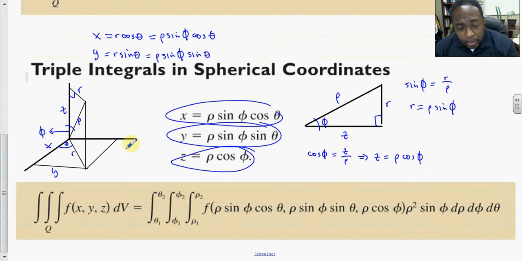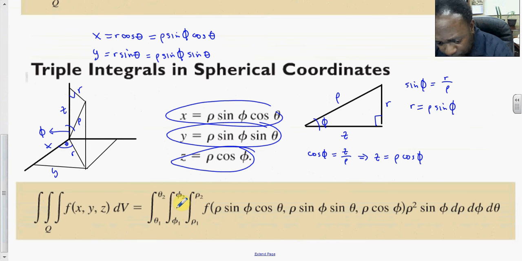And so to build the triple integral in spherical coordinates, we have a triple integral over the solid Q of the function to evaluate with respect to the change in the volume. And so here we have three integrals. This integral gives the boundary for theta, where theta is bounded between theta sub 1 and theta sub 2.